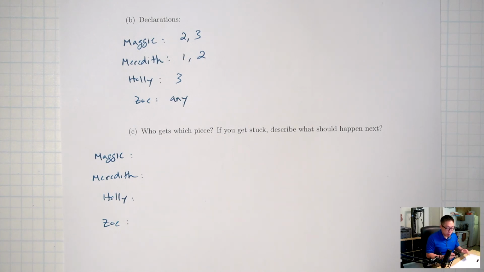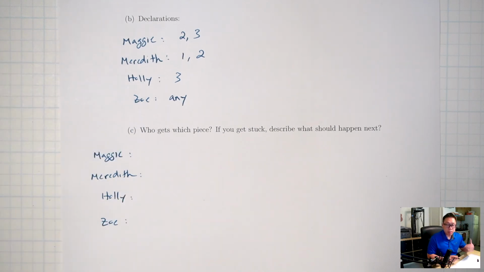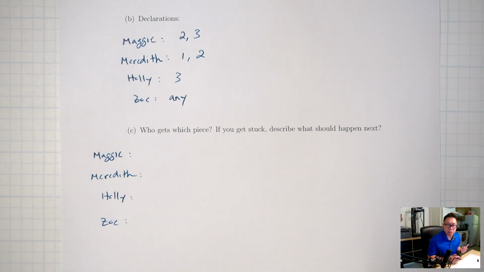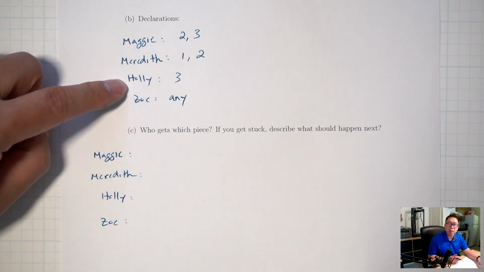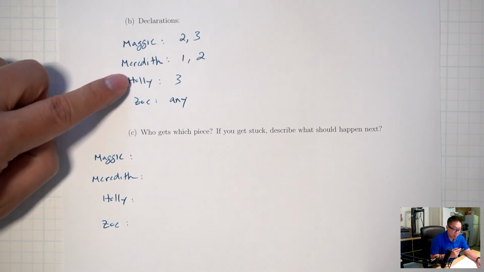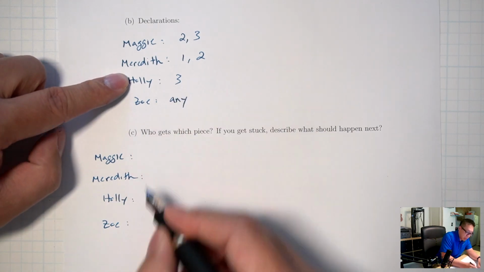As a strategy, deal with Zoe, the divider, last, because she's the most flexible. She will take any piece, so you can just give her whatever's left at the end. Start with the person who is most picky, the person with the fewest options on their list. So start with Holly. Holly only wants 3. For Holly to be happy, we have to give her 3.